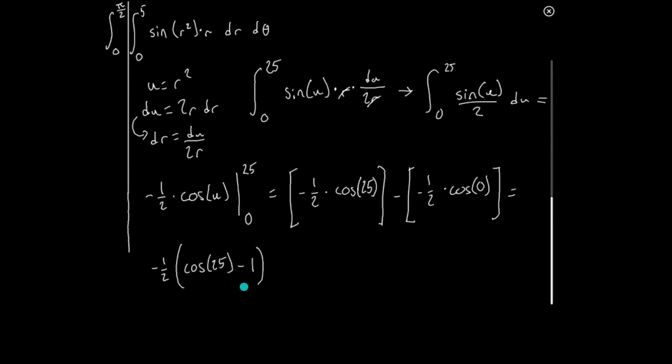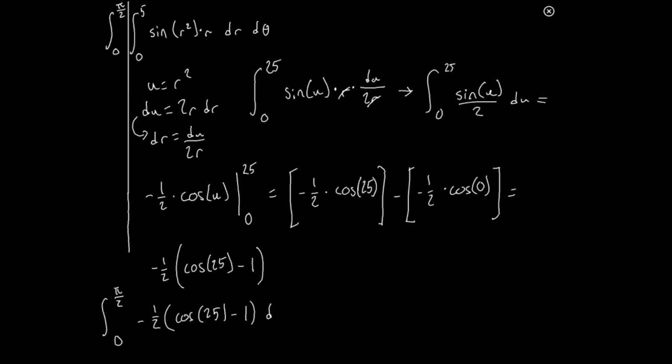Okay, so now we're going to take this part that we have down here, we're going to plug it back into our second integral right here. So pi over 2, 0, get negative 1/2 cosine 25 minus 1 d theta, which is just going to be equal to, since this whole thing right here just comes out to being some constant, then we just tack a theta onto the end of it, and that's that.